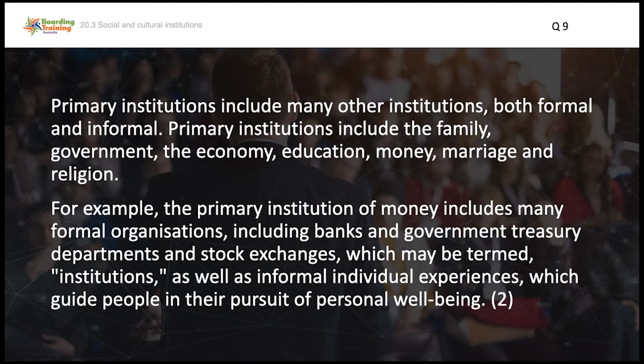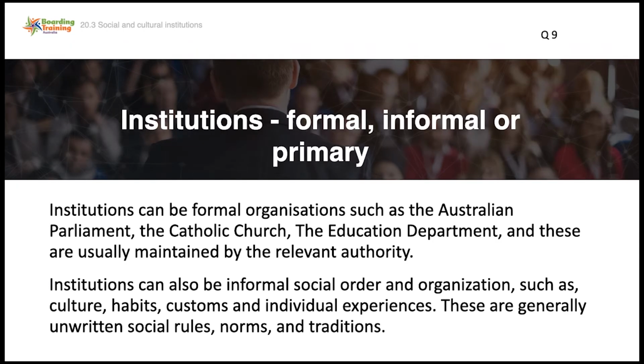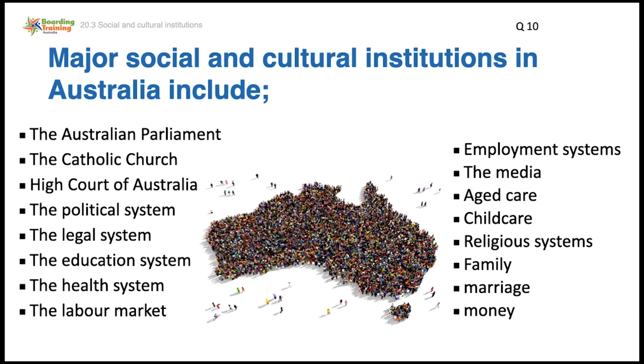If you look at the institution of money, for example, that includes formal organisations including banks, treasury departments, stock exchanges, which are institutions, as well as informal institutions or individual experiences such as purchasing items, investing, gaining wealth, that sort of thing, that guide people in their pursuit of personal well-being. So we've got 3 types: formal, informal and primary. That'll help you with question 9.